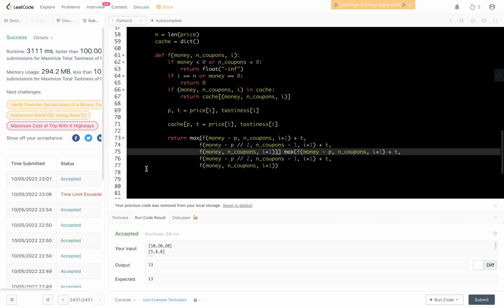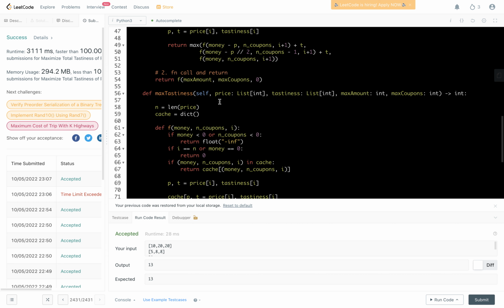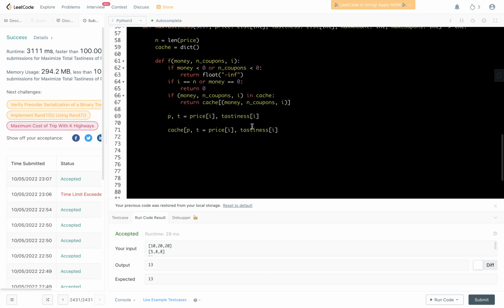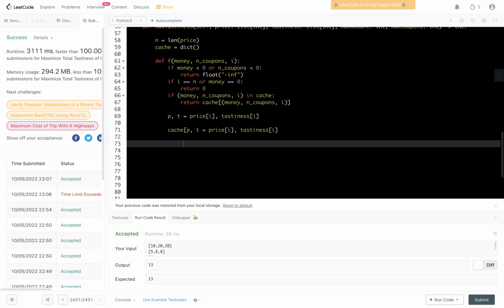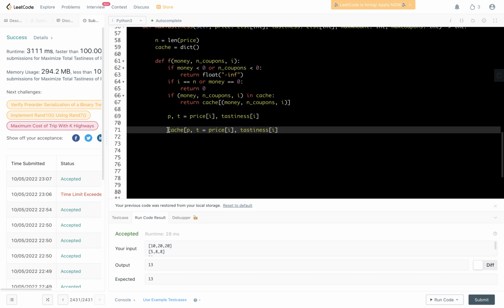What we want to do is set the cache at this key, right? So sorry, that's too much. Let's copy this part again.